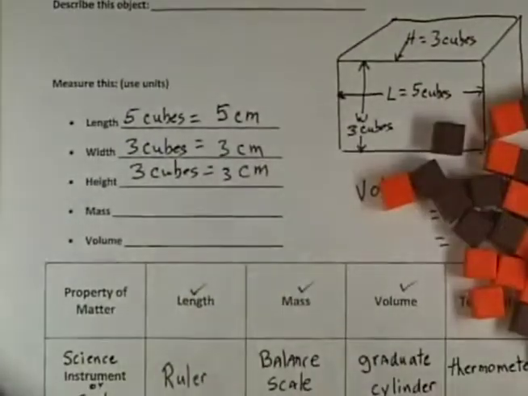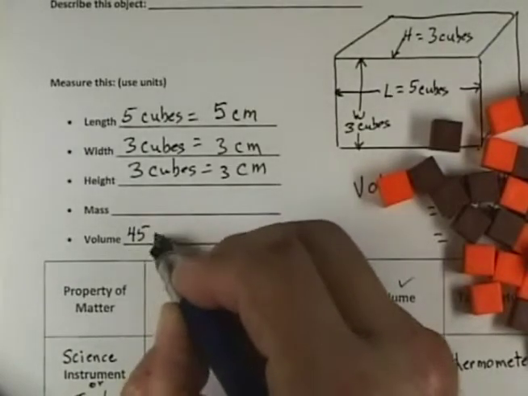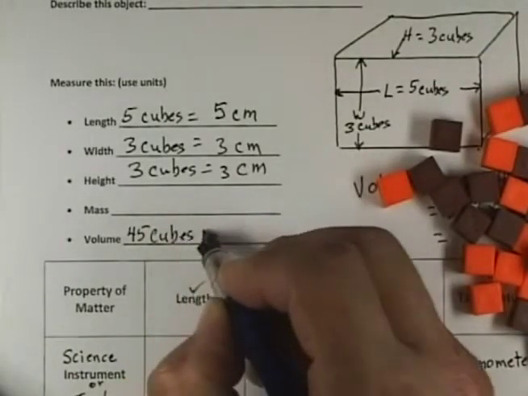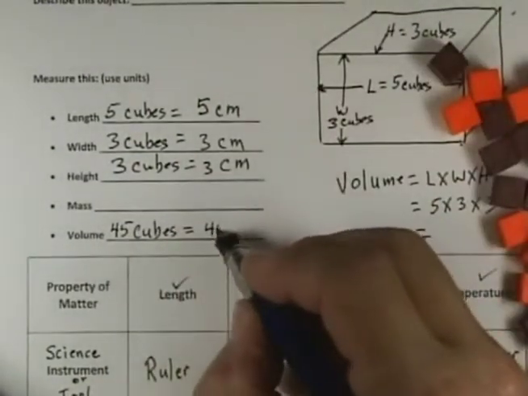Guess what, computer? The volume of my wooden block is 45 cubes.